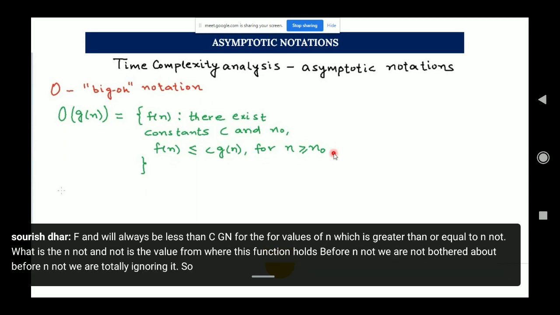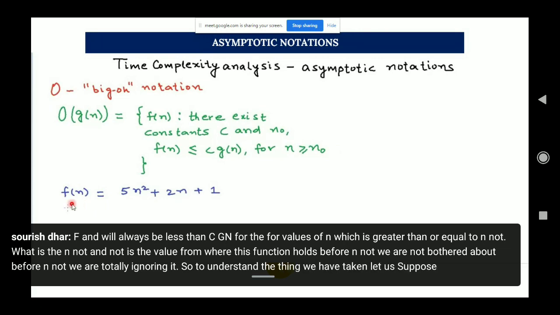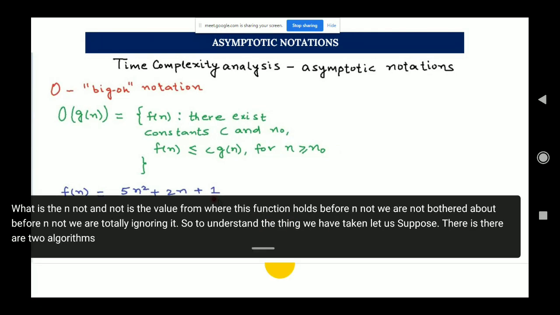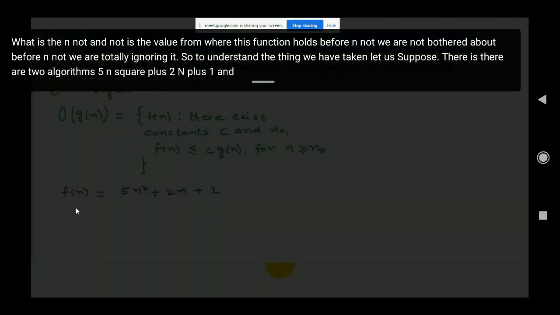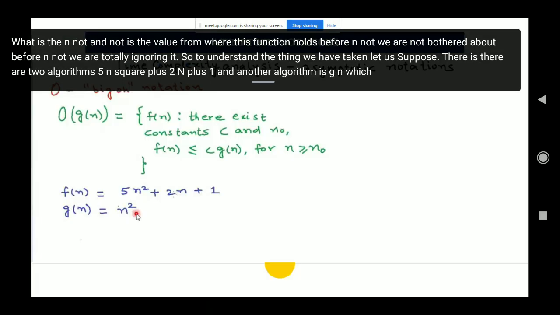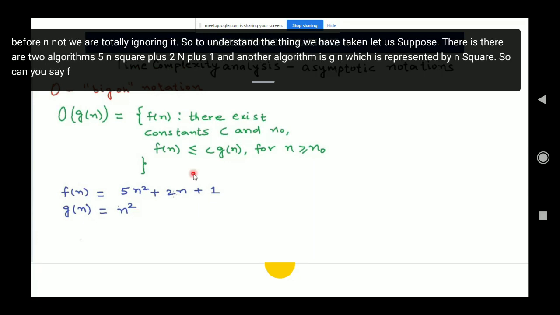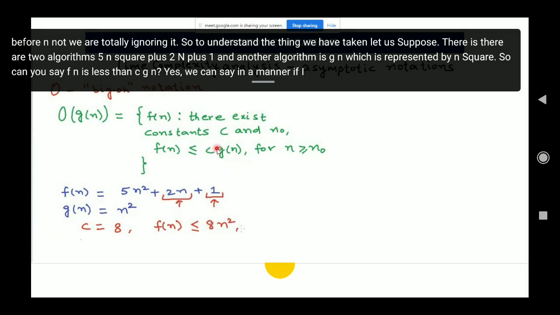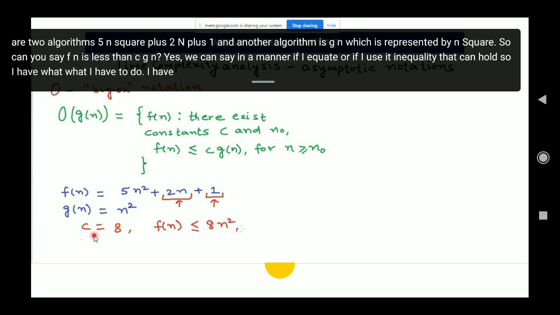So to understand the thing, let's suppose there are two algorithms, 5n square plus 2n plus 1, and another function gn, which is represented by n square. So can you say fn is less than cgn? Yes, we can say that if I use the inequality, it can hold. So what I have to do is find out the value of c and the value of n naught.